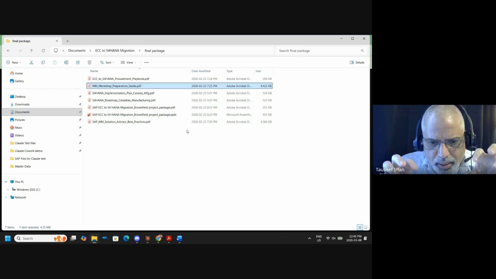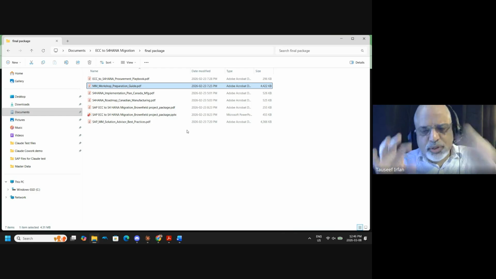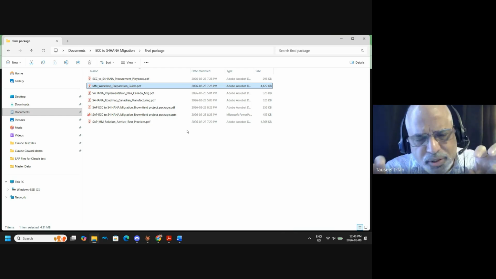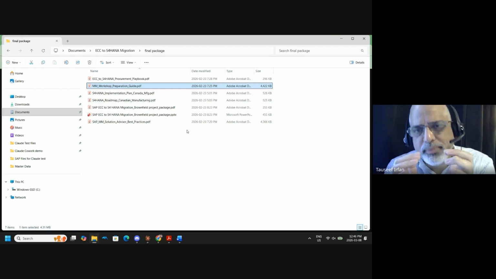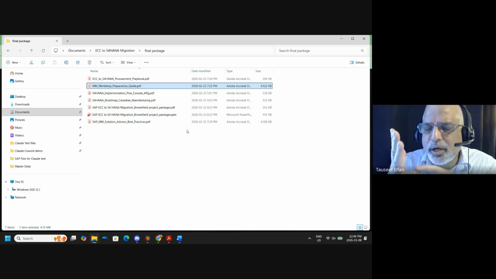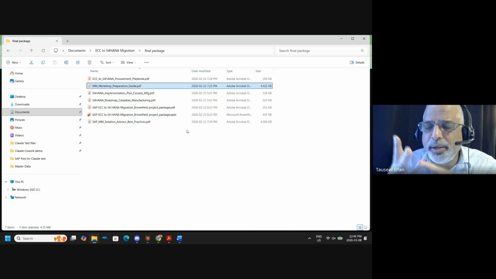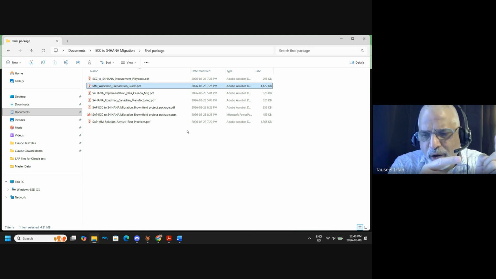But in S4 HANA, there is no separate customer master or vendor master. It is a business partner. A business partner can be anybody. A business partner can be a customer, a vendor, or both a vendor and customer. One company is buying from Walmart and selling to Walmart. Both are possible.